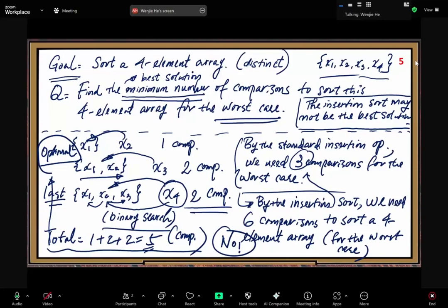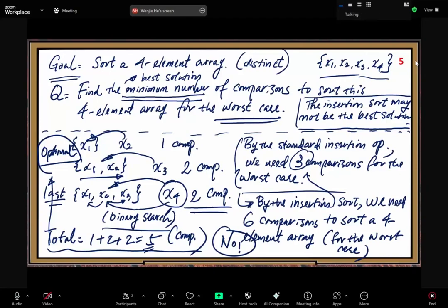At that time, I will give you a formula. Based on that formula, you can calculate the number of comparisons you need to sort. We call it the lower bound formula. That means nobody can use fewer comparisons than that lower bound number.